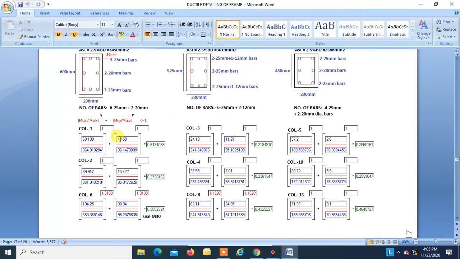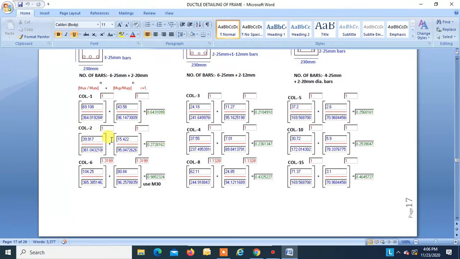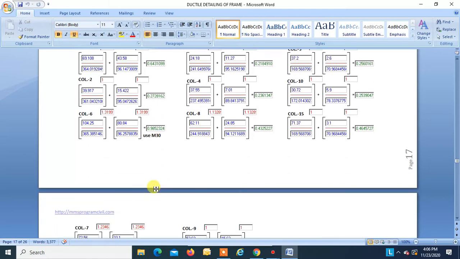For column 1, the result using Bresler's formula, the ratio is found to be 0.64, which is less than 1, so it is safe. For column 2, the ratio is 0.27, less than 1, safe. For column 6, the ratio is 0.98, but you have to use M30 grade concrete, because in M25 the column was failing, right?